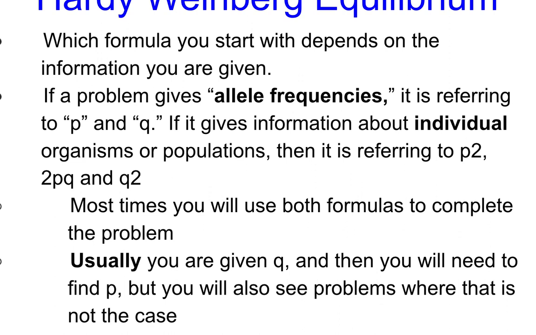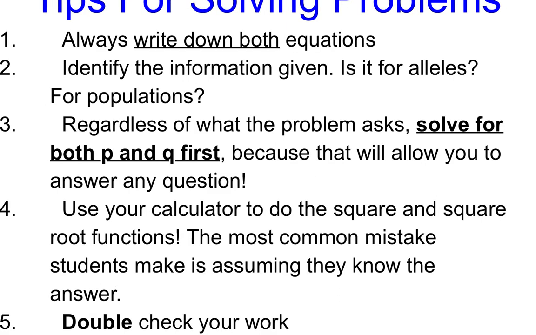But most of the time you will use both of the formulas to complete the problem. Usually you're given Q, and then you'll need to find P, and also apply that to the second equation. So, just some tips on how I solve for them.